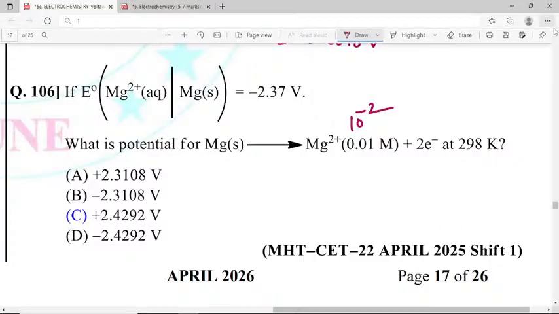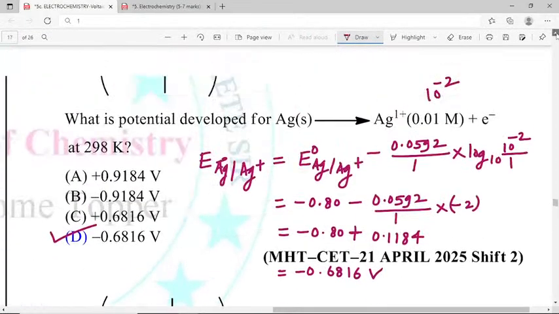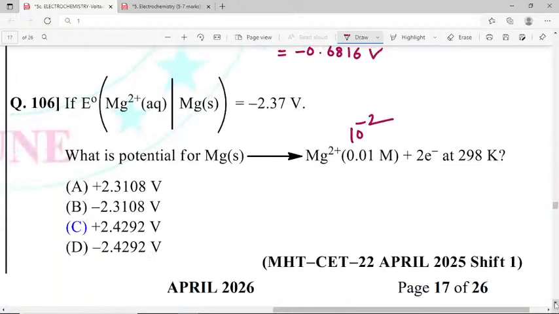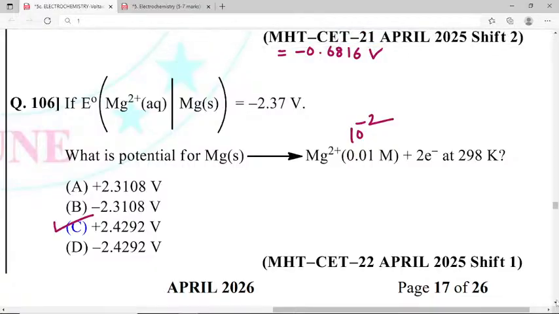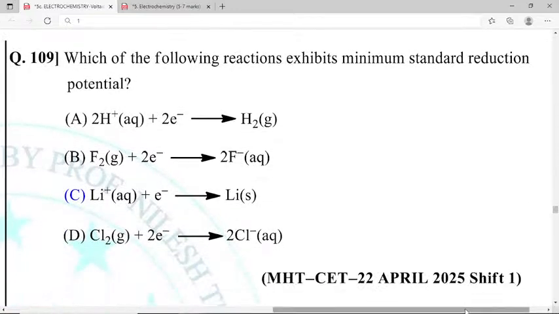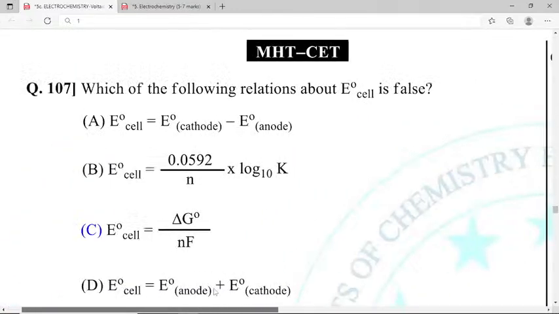Question number 105 and question number 106, similar question. Answer again plus 2.4292. Similar question repeated. 2025 मध्ये similar question repeat आहे.